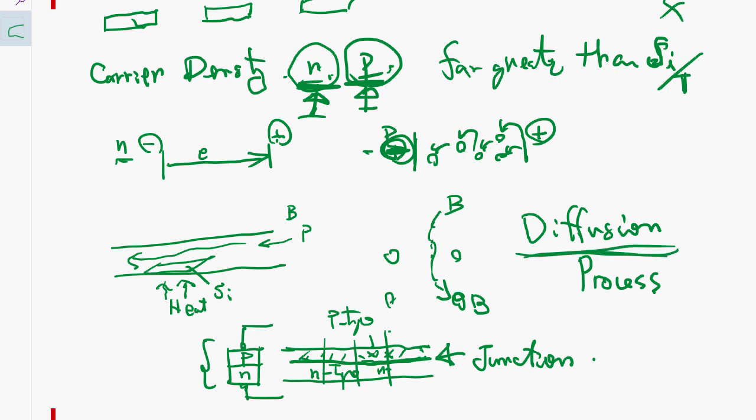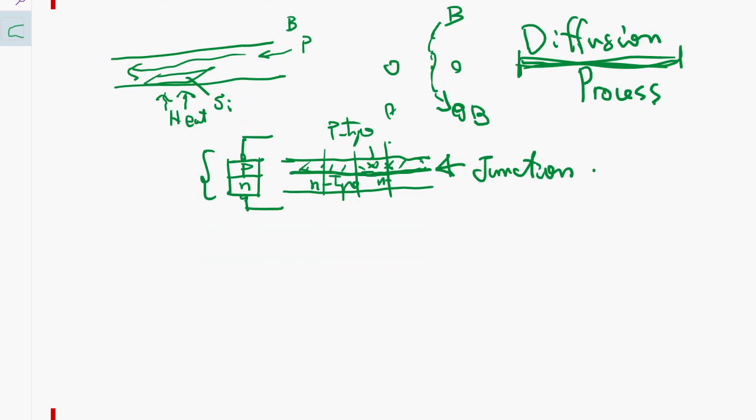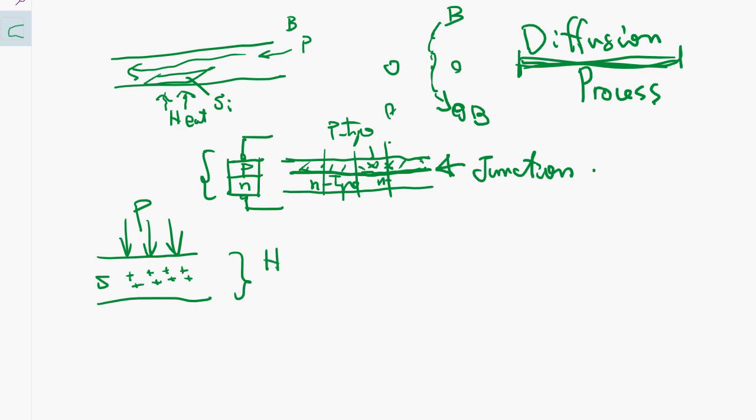But diffusion is a slow process. So in order to speed up, the implantation method is used these days. So you have a silicon, you hit, say, phosphorus atoms, then they go inside like this. Then you use a heat annealing process.